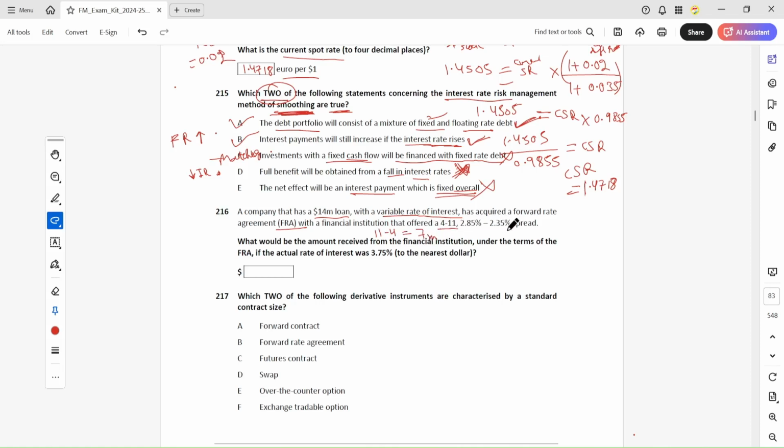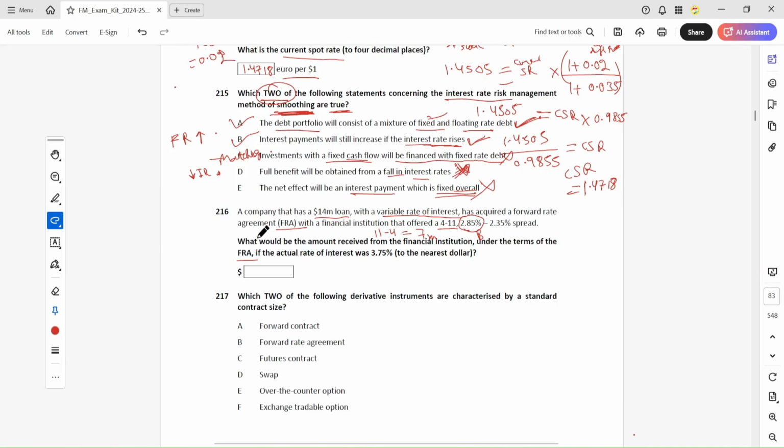Which rate is applicable? The higher rate applies for the loan, because for borrowing the higher rate applies. What would be the amount received from the financial institution under the terms of the forward rate agreement?